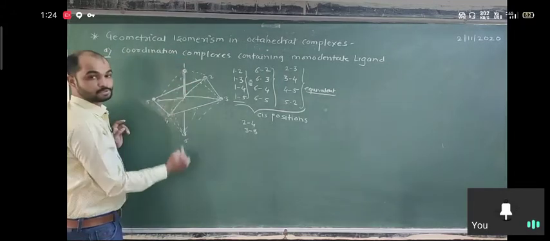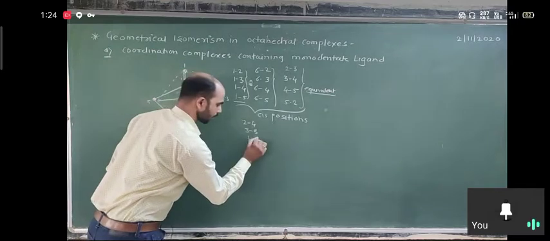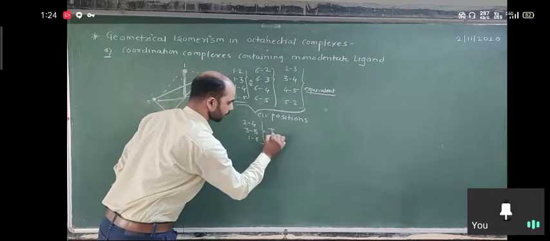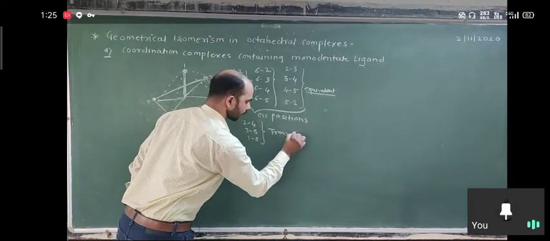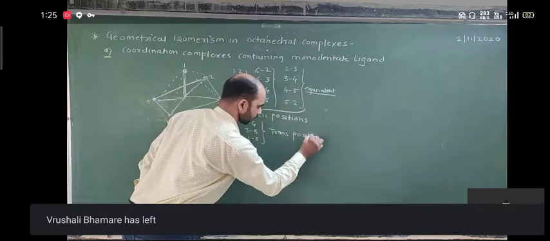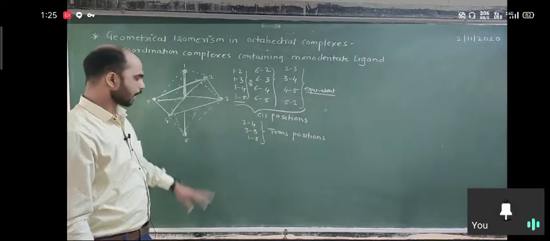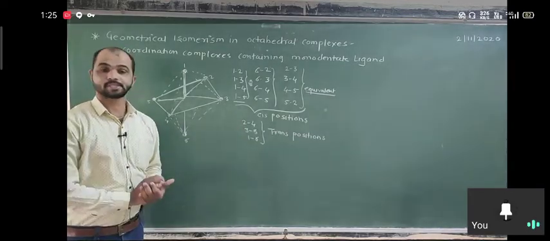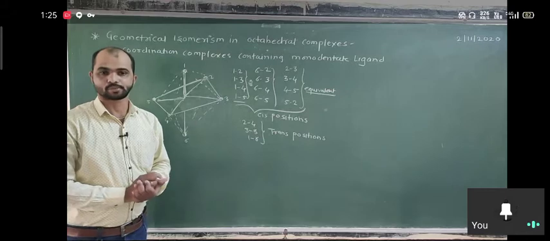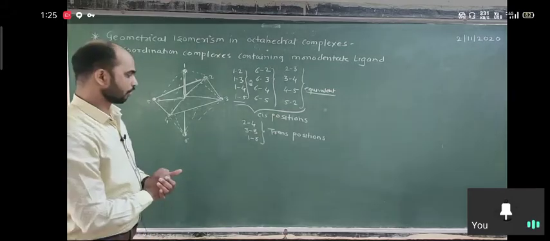They are directly opposite to each other. So these are trans positions. If two similar substituents lie at these positions, we say this is the trans isomer.